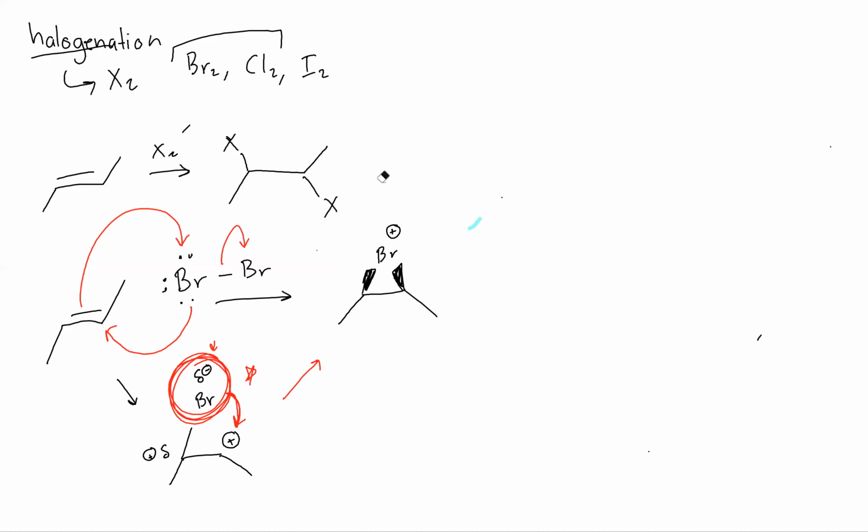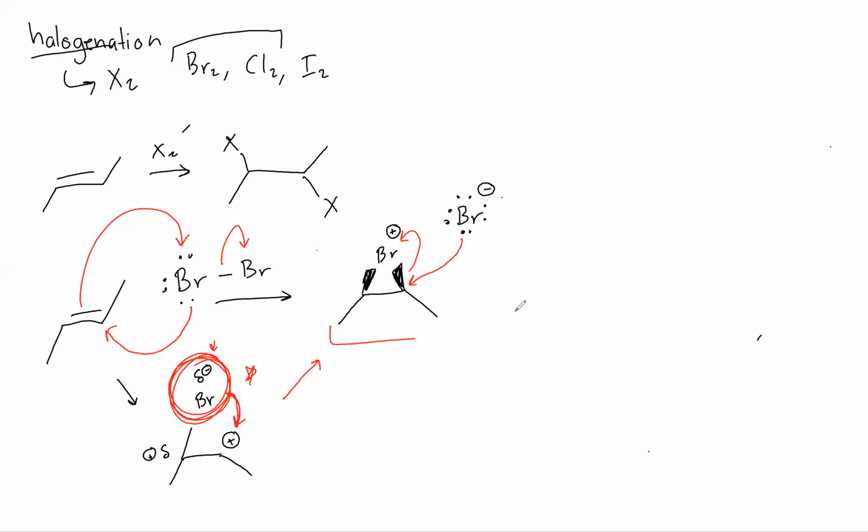So the next part of this whole equation here is, oops, that is the wrong color. The intermediate is now going to be attacked by our remaining bromine. What's generally going to happen is this is going to leave and the bromine is going to attack.